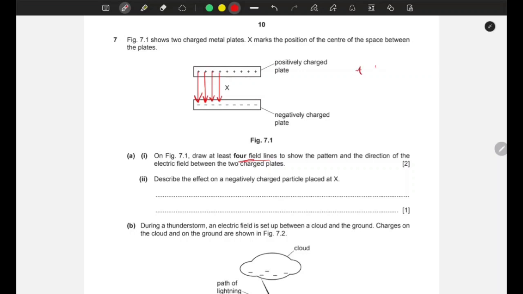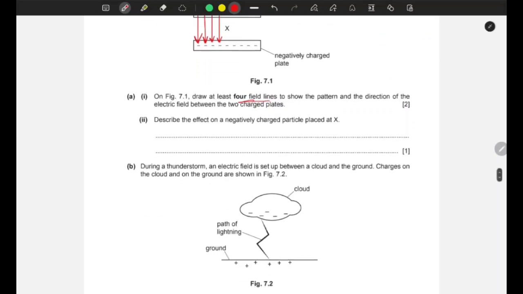But if this was also a positive charge, the field lines would be away from the positive charge because they repel each other. Part 2.